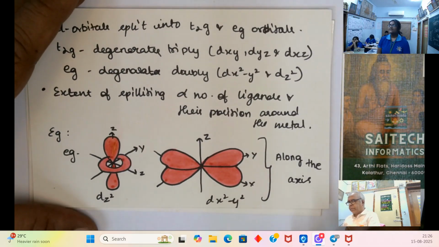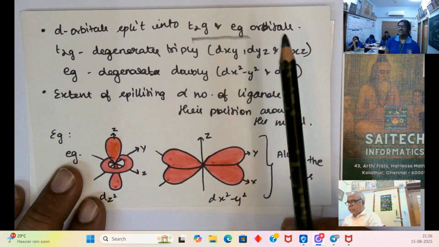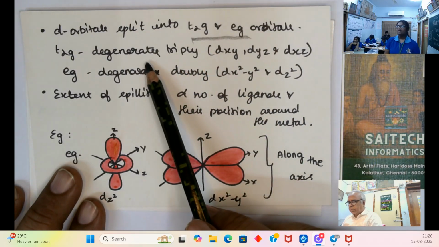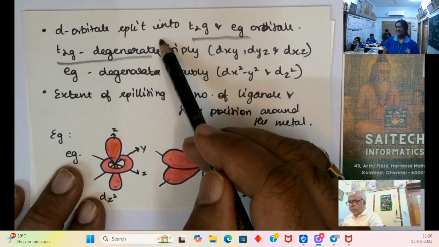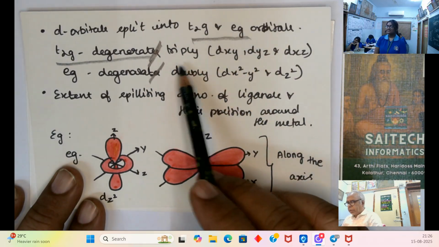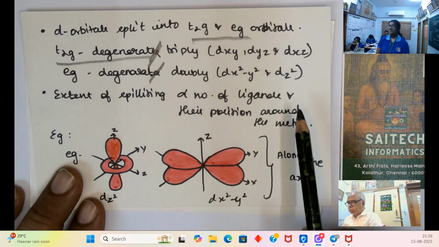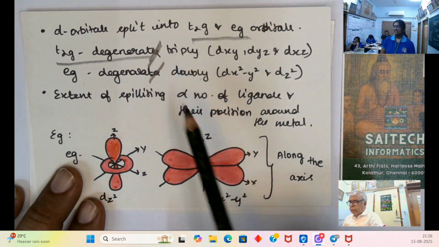The d orbitals split into t2g and eg orbitals. t2g is triply degenerate: dxy, dyz, and dxz. So it's a triplet.